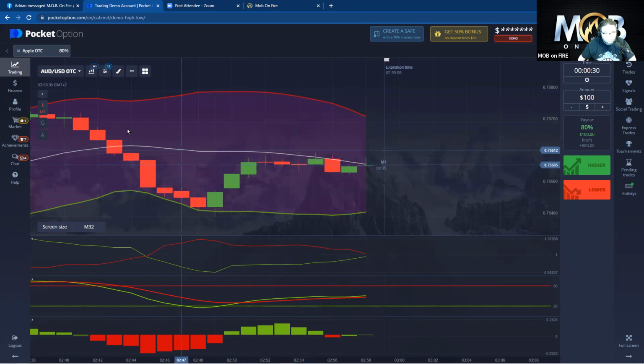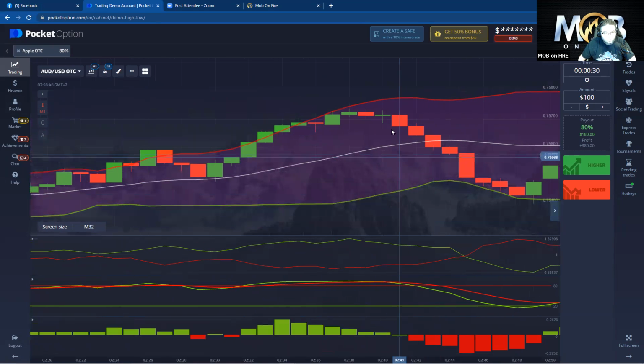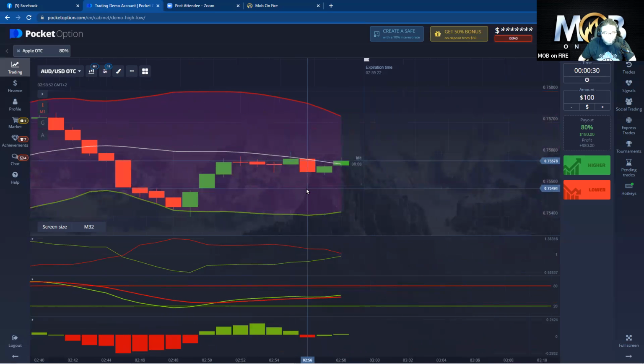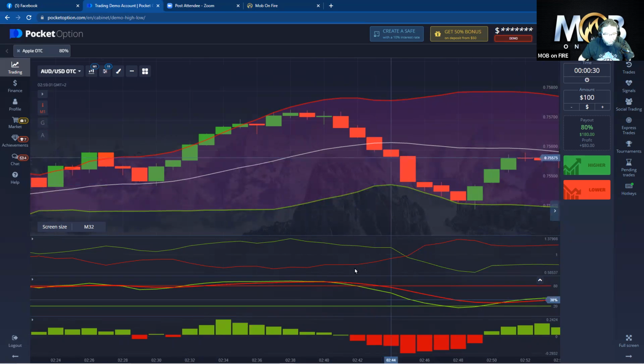But when I'm looking, I'm looking for trends heading in one direction, like over here, you have a very long period of downward trend. Over here you had a little bit of an uptrend. I'm looking for things to be busy. I'm looking for the vortex and the oscillator not to be flat.